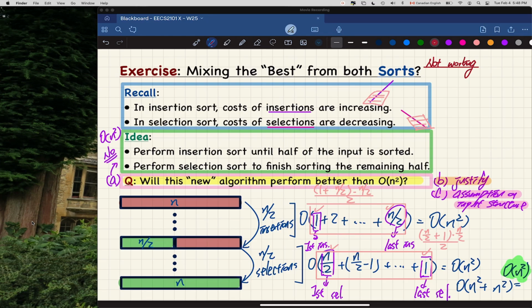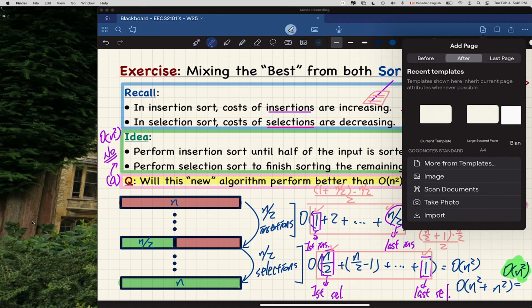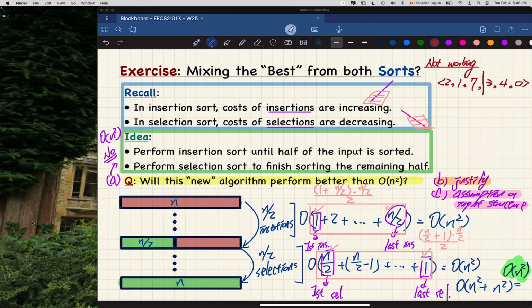Let's say here we've got 2, 1, 7, 3, 4, 0. I know that halfway is about here. So what's going to be the outcome after the first 3? We're going to do 3 steps of insertion.